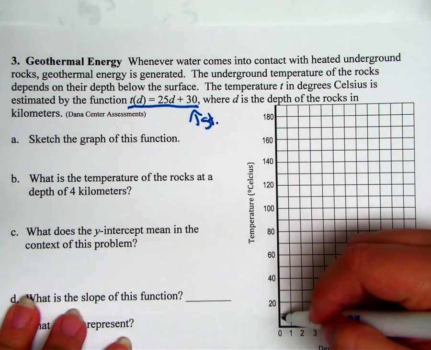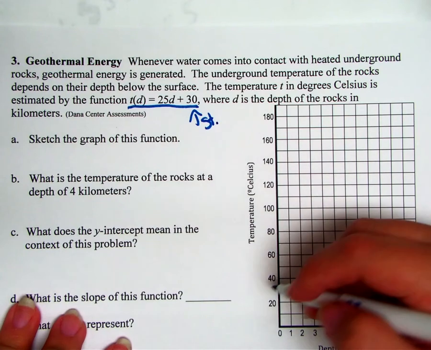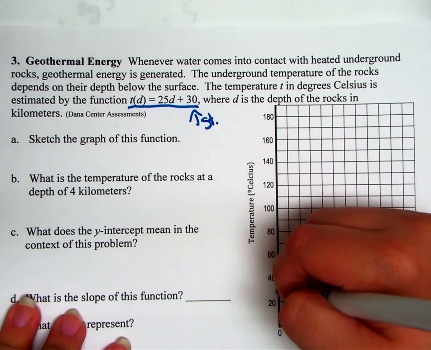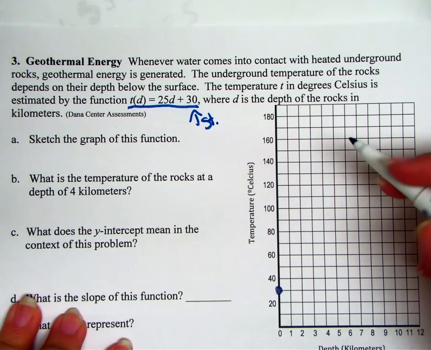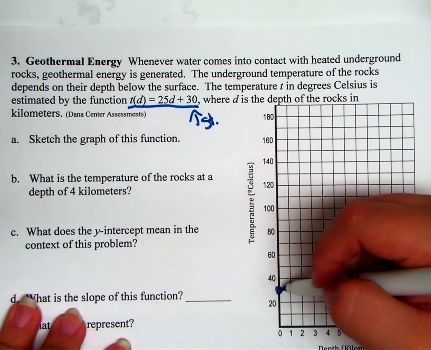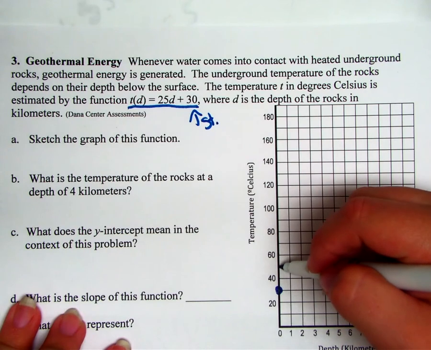So 30, we notice that the y is going by 10, so 30 is going to be right there. Our slope is 25, so I'm going to go up, that's 10, 20, and 25 would be right here in the middle, and over 1.